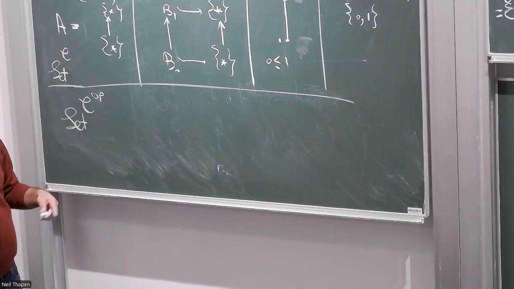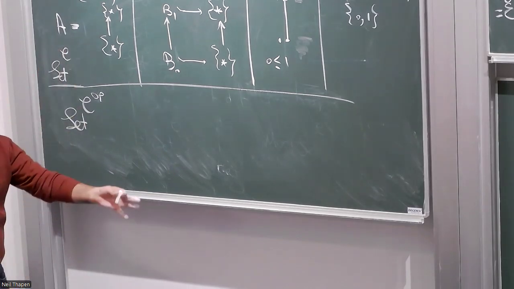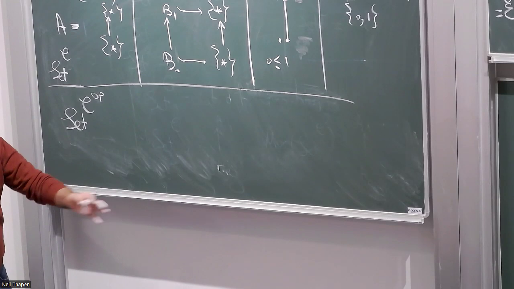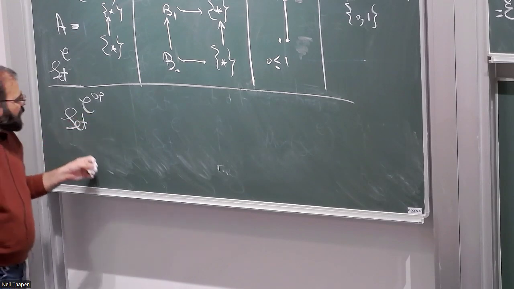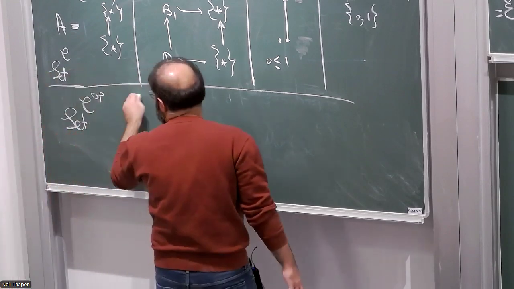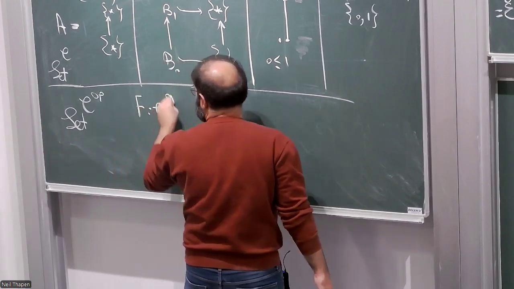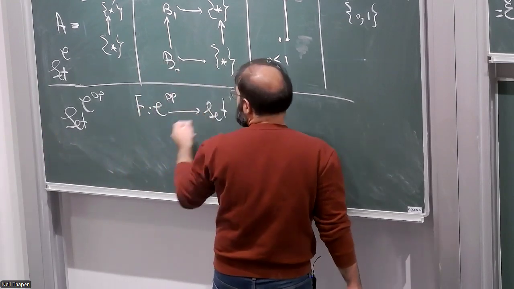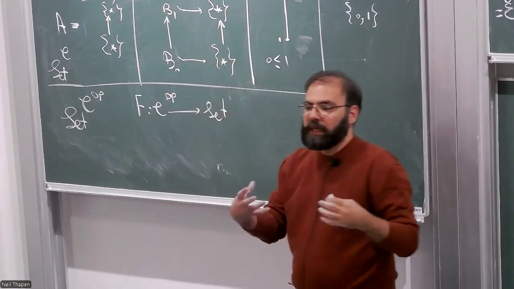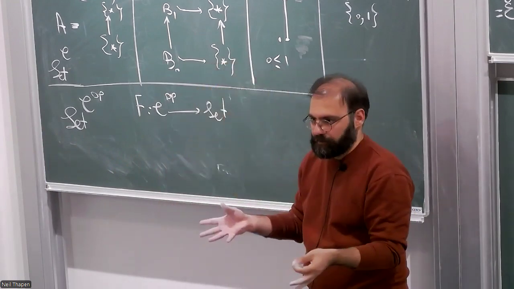For Set to the C opposite, the intuition is that the elements, the objects here, are just functors. They record some sort of maps to some space, right?